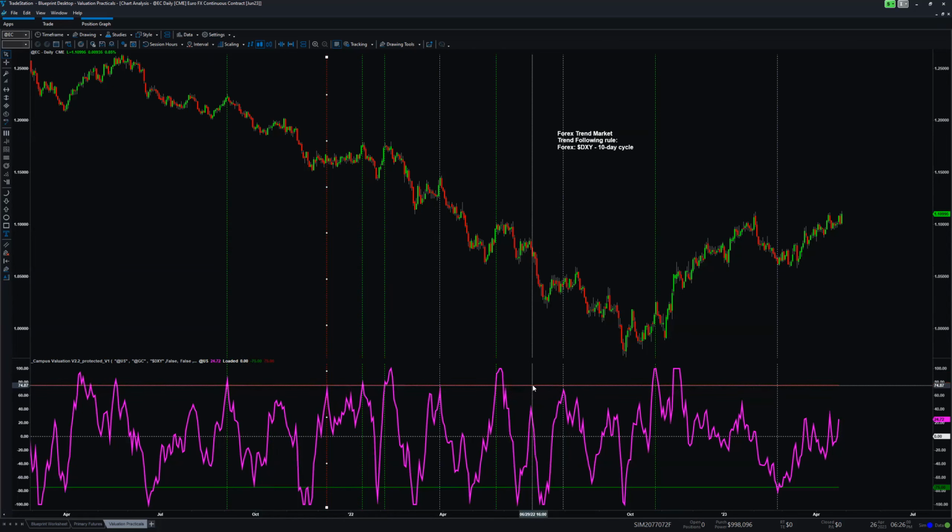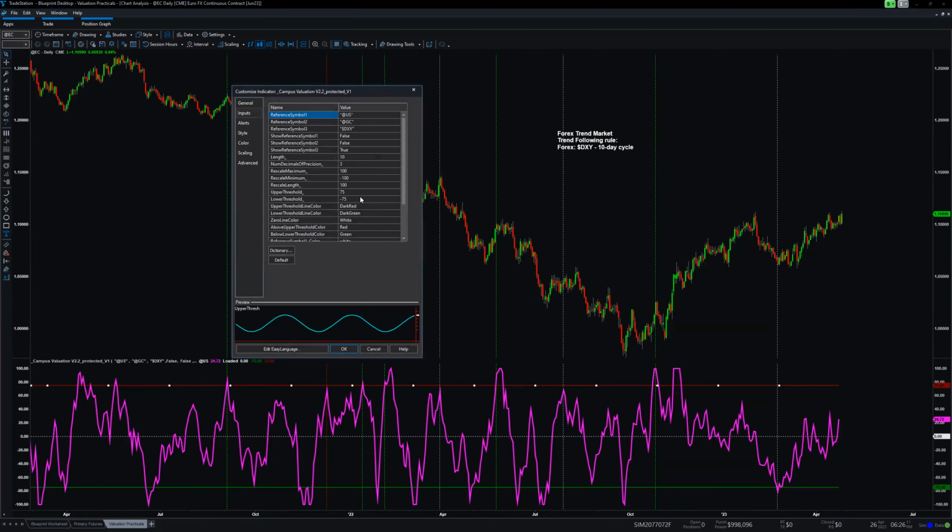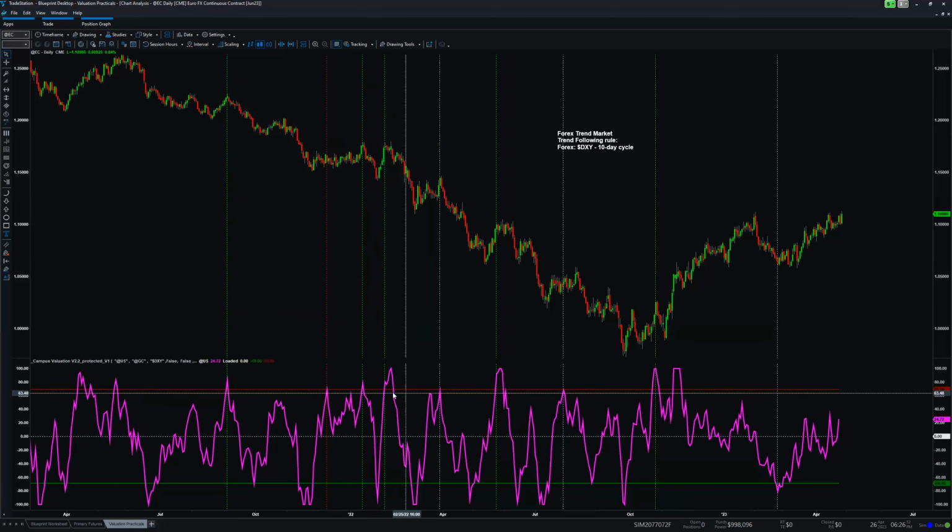you can double click on the index and change the boundaries of the upper and the lower threshold. And that's where we could speak about 69 and minus 69 on a lot of assets, a lot of Forex assets.